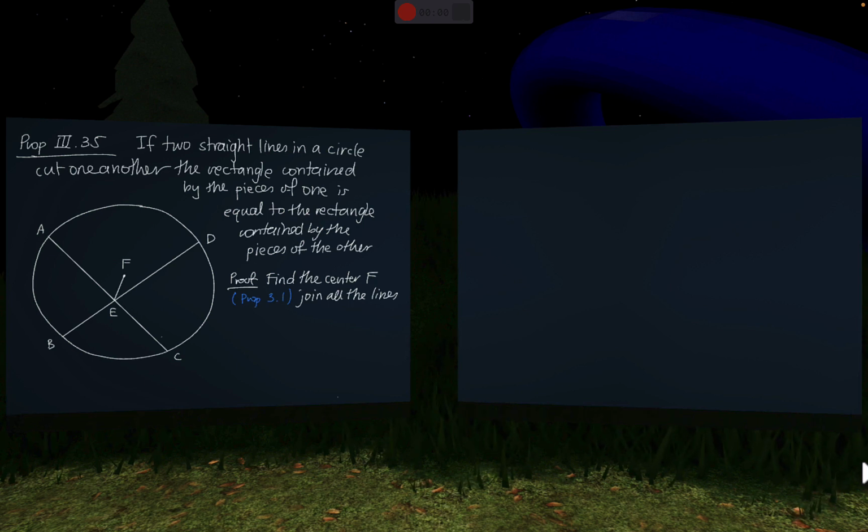I'm going to construct perpendiculars FG and FH to AE and ED. That is proposition 1.12.